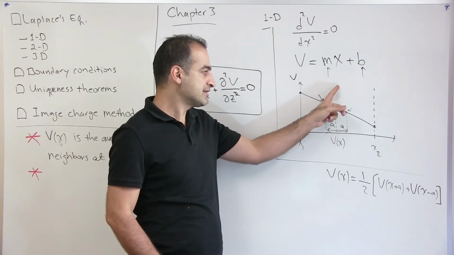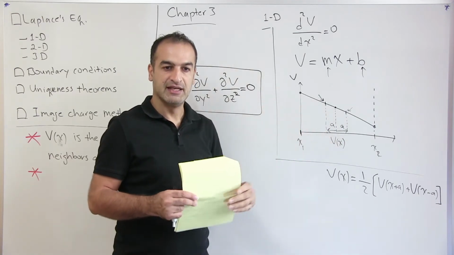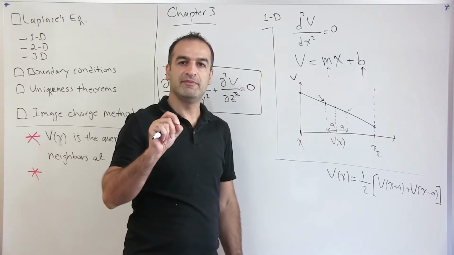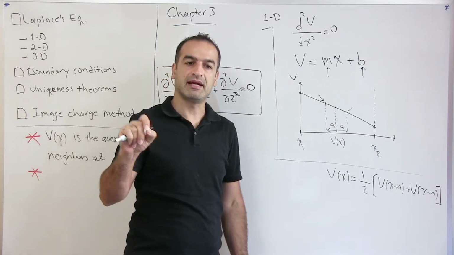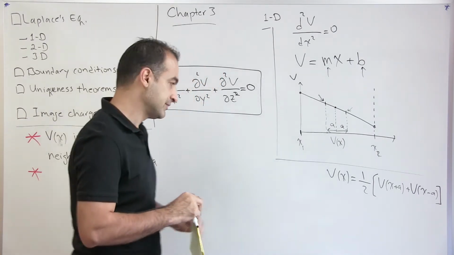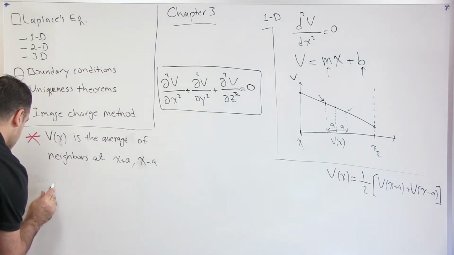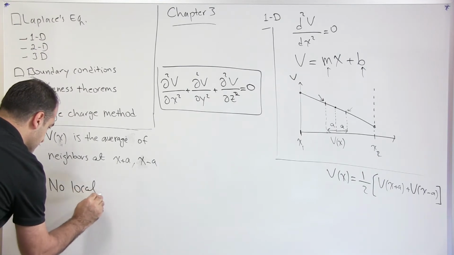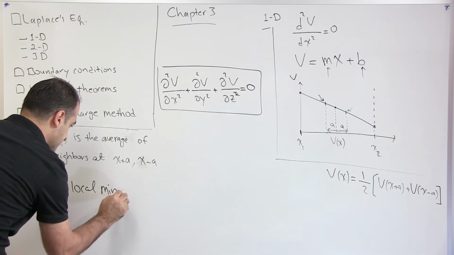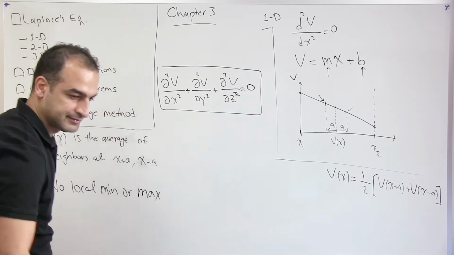There's no peak in the center, there's no well in the center or anything like that. There is no local minimum or maximum, and all the minimum and maximum occur at the boundary. Okay, so I'm gonna put the second star here and say there is no local min or max.